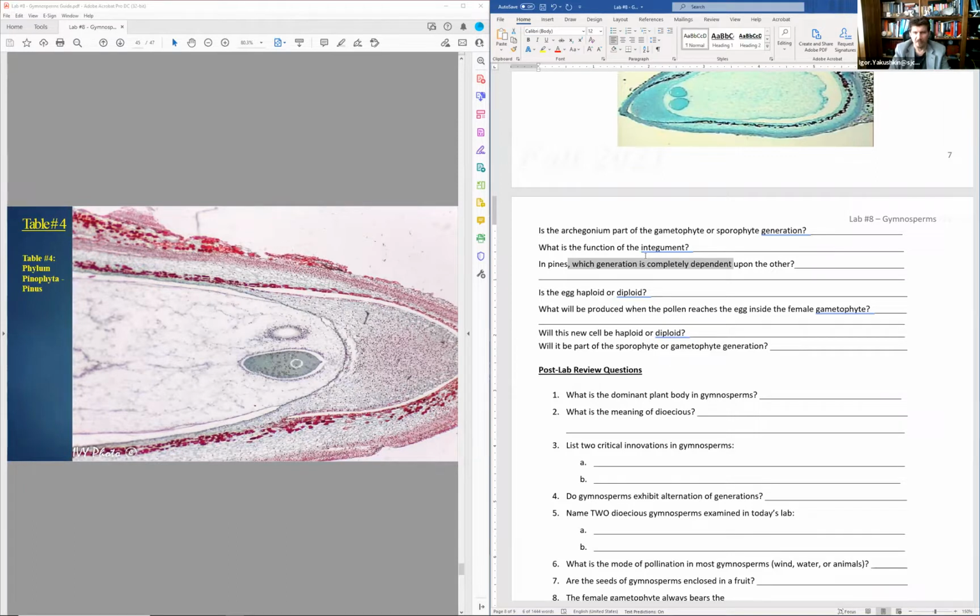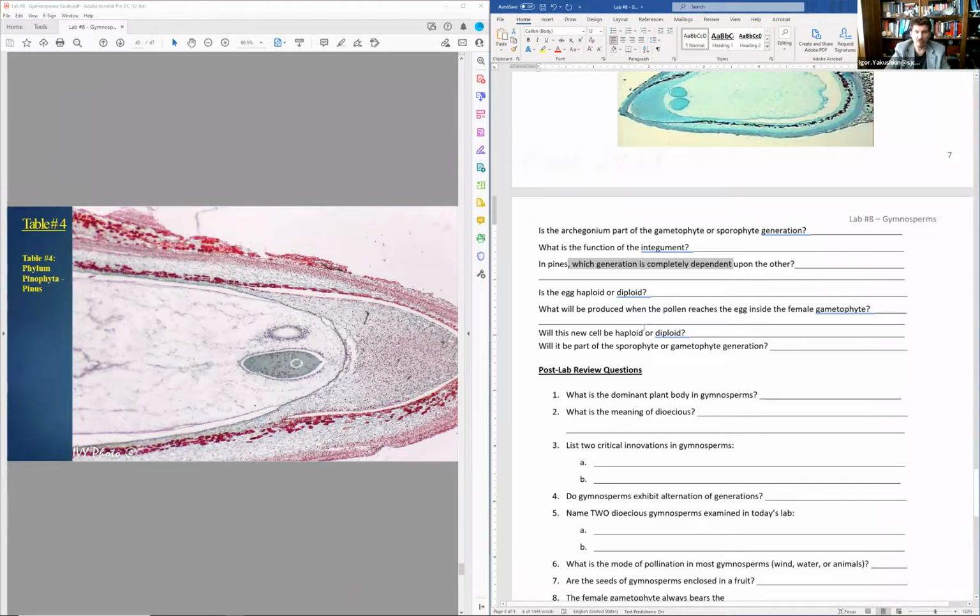What will be produced when the pollen reaches the egg? Whenever the pollen reaches the egg, the sperm will meet with the egg and fuse, and it will create a zygote, the first step toward the sporophyte.